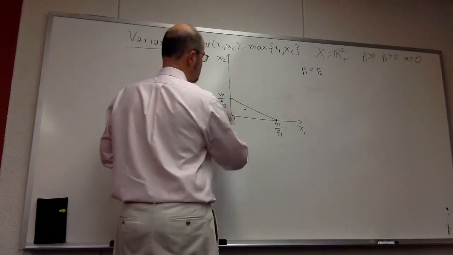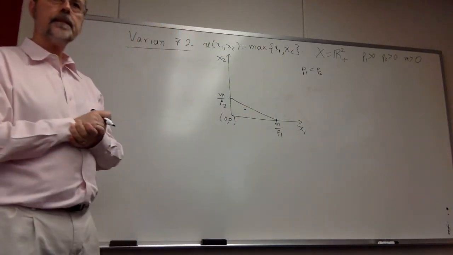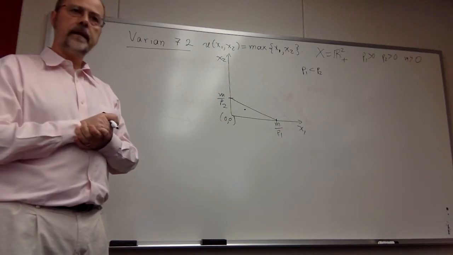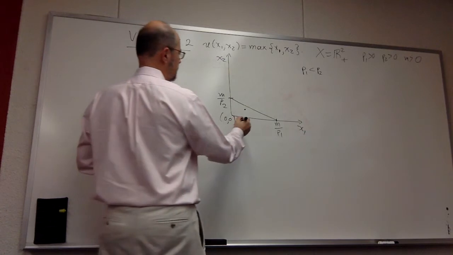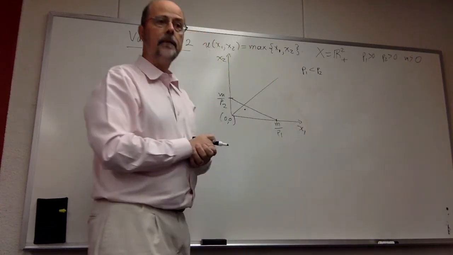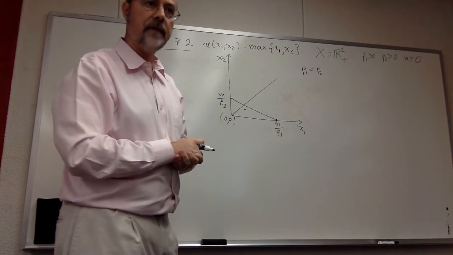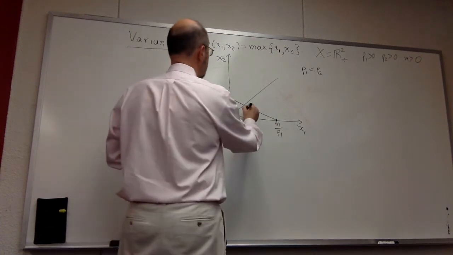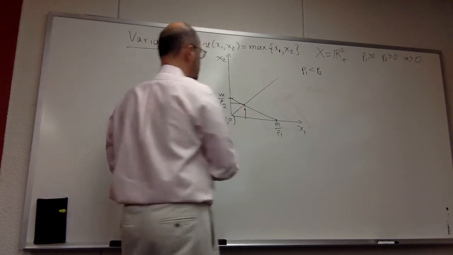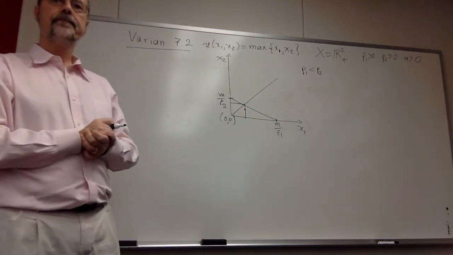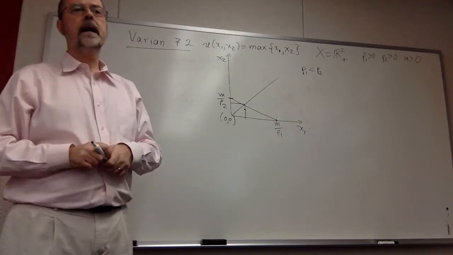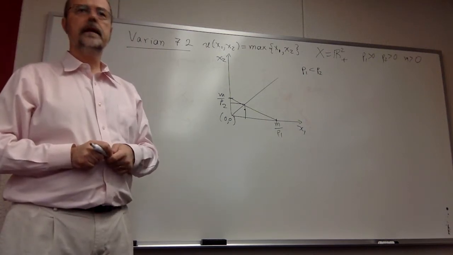Suppose the consumer is at this point, which is not spending all the income. Make an indifference curve. Well, again, it will really help to have the 45-degree line. So bring up, go down. Here's the indifference curve.